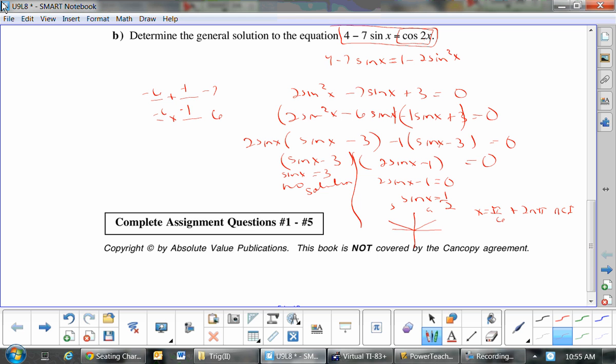And it's in the integers, and x equals pi over 6 plus 2 pi n, and n is in the integers. Pi over 6, yeah. Okay.